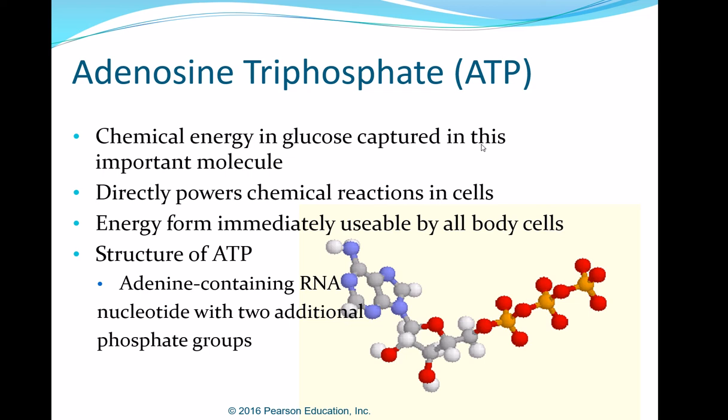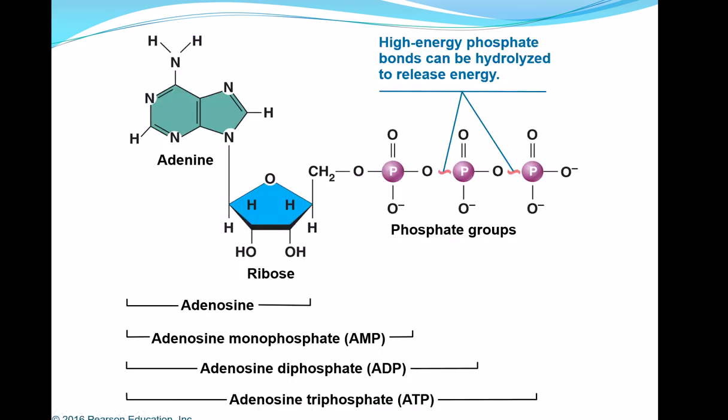And when we break down our food to get energy, we convert it into this adenine-containing RNA compound, and that's essentially what ATP is. We have an adenine nucleotide and 2 additional phosphate groups, which gets us to adenosine triphosphate.